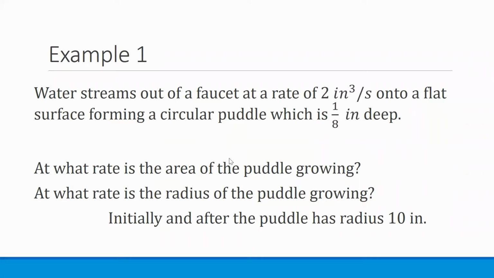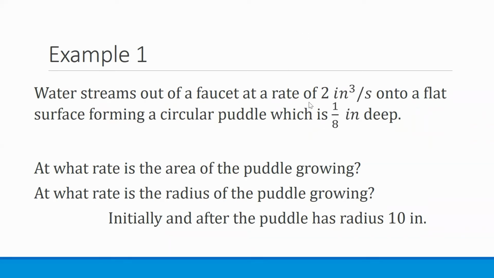This problem is going to force us to know a lot of formulas about what's happening here. The fact that this is a circular puddle, which is 1/8 of an inch deep, is really important. The fact that we're talking about radius of that puddle and area of that puddle, that's really important too.